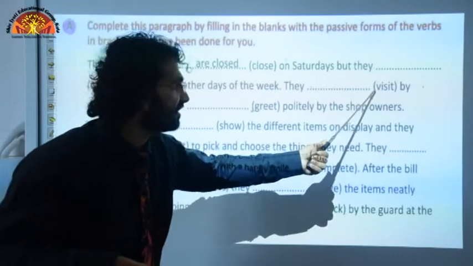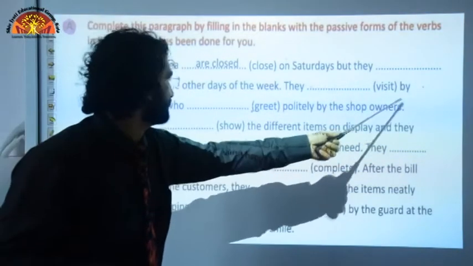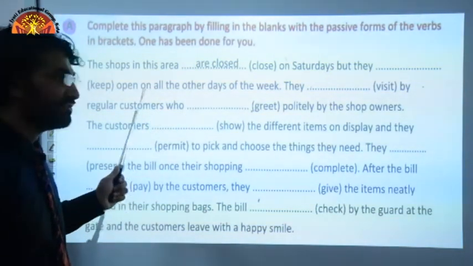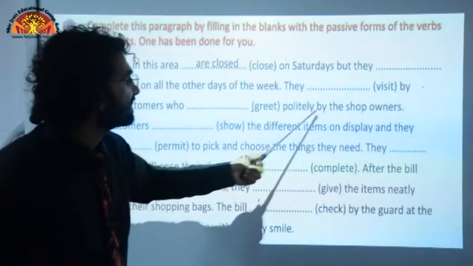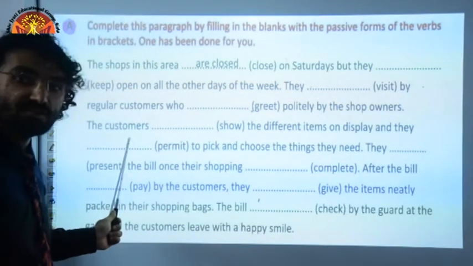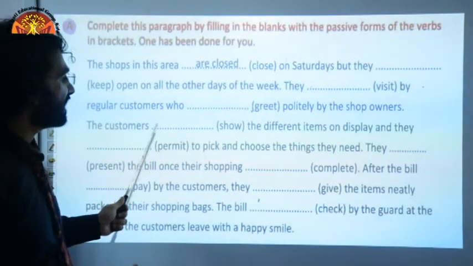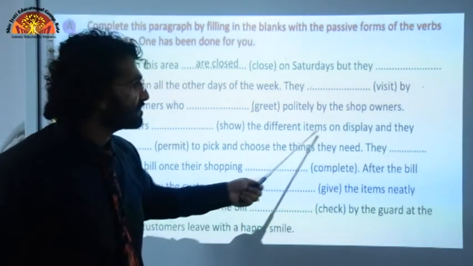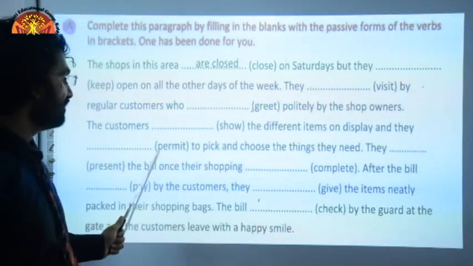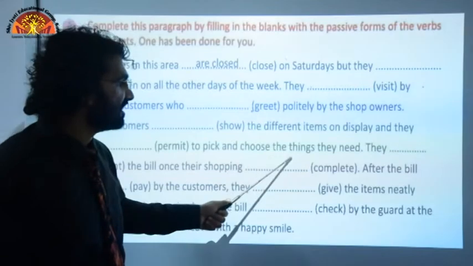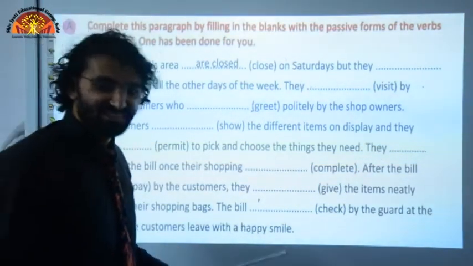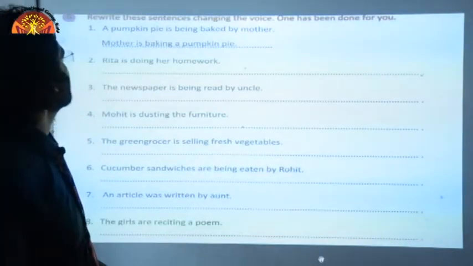They are visited by regular customers, who are greeted politely by the shop owners. The customers, since customers is plural, are shown the different items on display, and they are permitted to pick and choose the things they need. I believe you can do from here to here on your own. All the best. We will talk about the next exercise now.